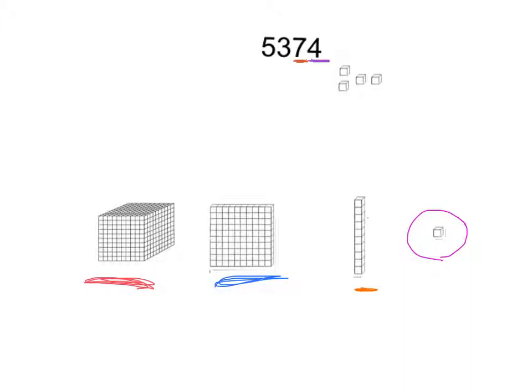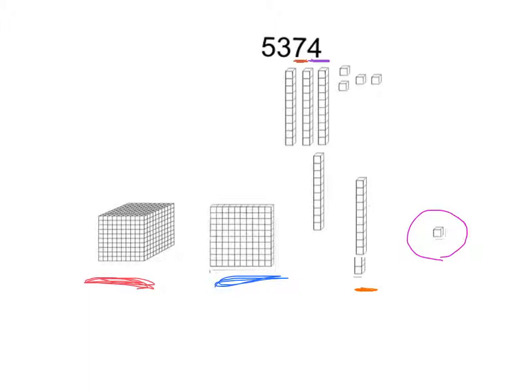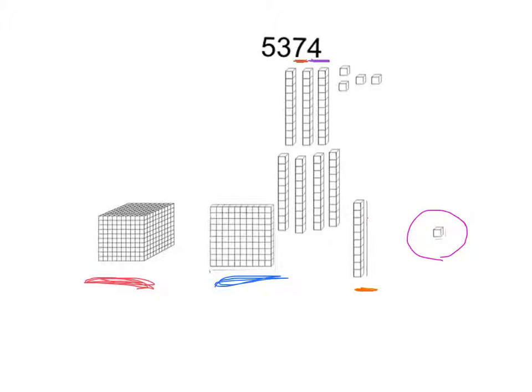That's right, these ones down here. So I will need 7 tens blocks. 1, 2, 3, 4, 5, 6, 7. So now I have represented the 7 in tens and the 4 in ones.